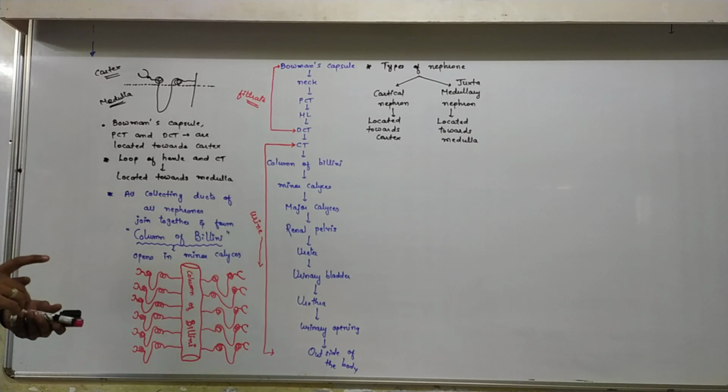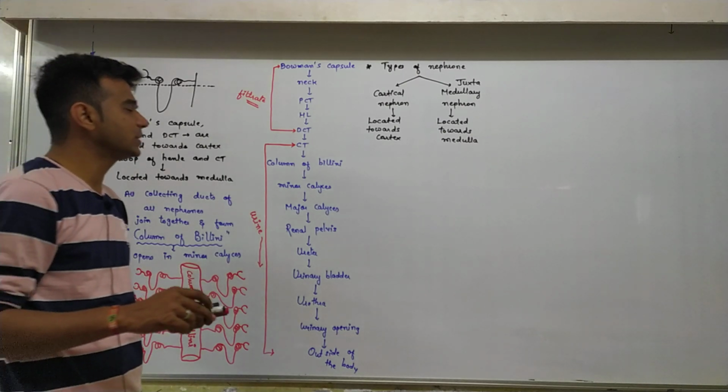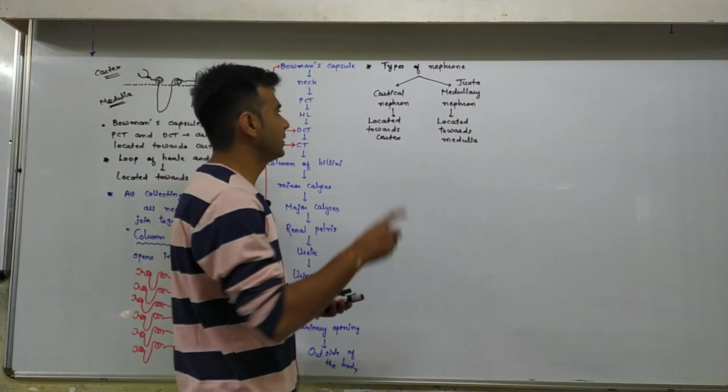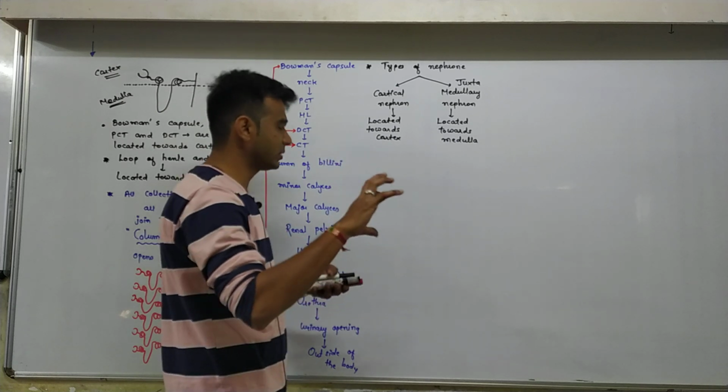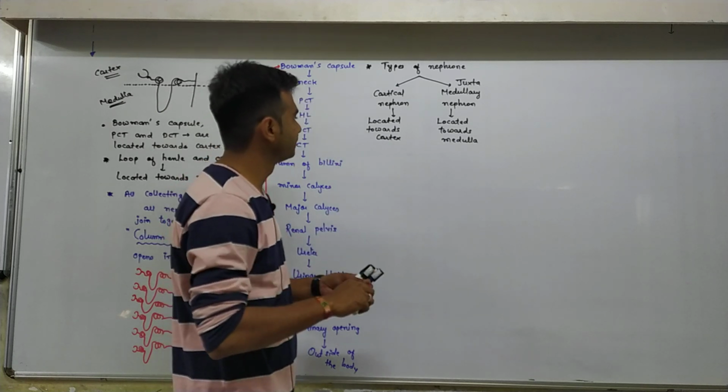See, cortical nephrons are located towards the cortex region, whereas juxtamedullary nephrons are located towards the medulla part.